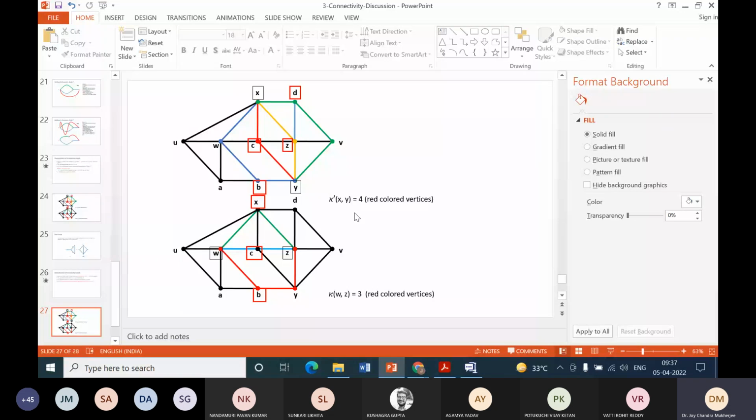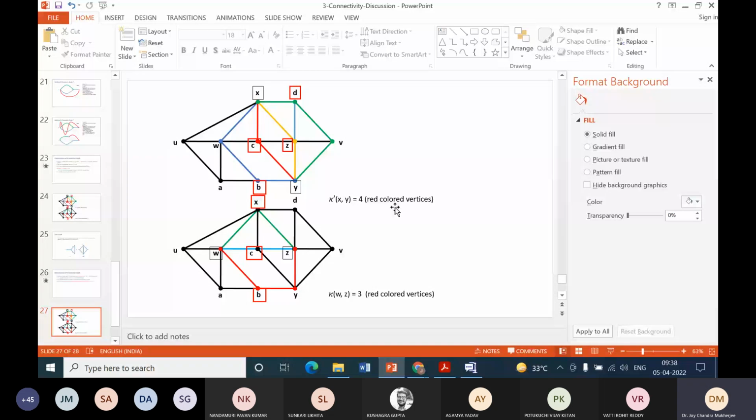They say that chi prime xy equals lambda prime xy. So this is an edge disjoint path, suppose. Now this one is edge disjoint, then this is also edge disjoint, then this is also disjoint. Chi prime xy is also 4.